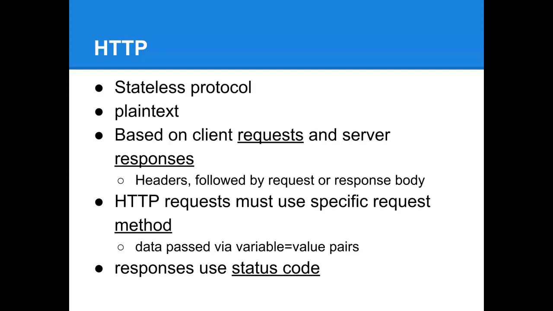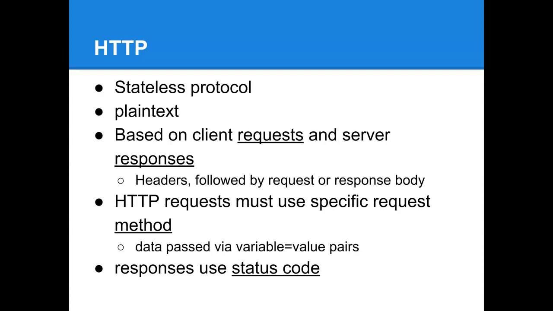It's also entirely plain text and comes with no cryptography on its own. That's what HTTPS is for. And HTTP is based on client requests and server responses, which both are headers followed by the respective request or response body. And HTTP requests must use a very specific request method.